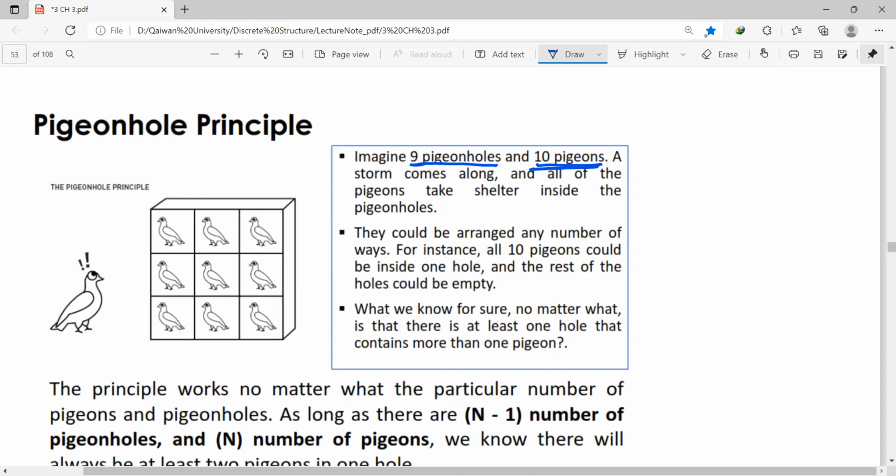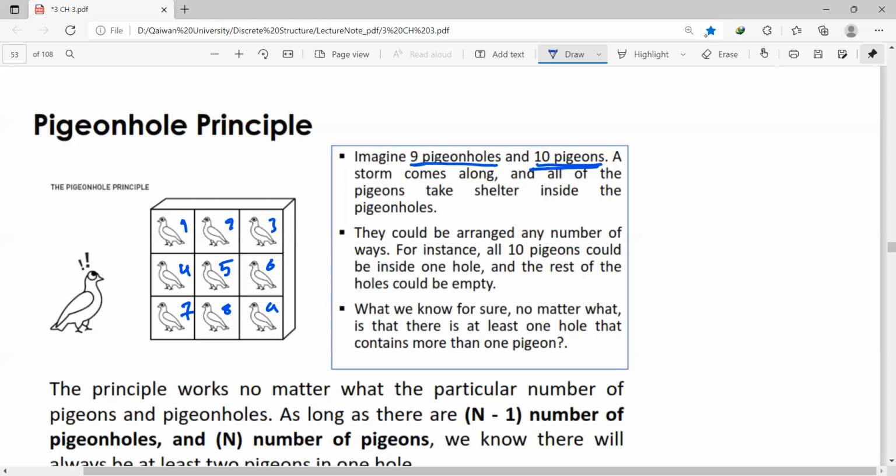Since here we have 10 pigeons and 9 pigeonholes, as you see here pigeonhole 1, pigeonhole 2, 3, 4, 5, 6, 7, 8, 9, so we have 9 pigeonholes but we have 10 pigeons. That means if each one goes into one pigeonhole, there's an extra pigeon.